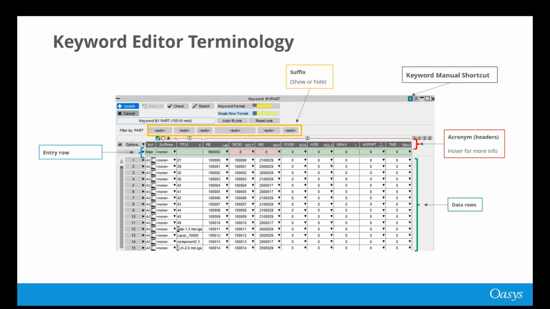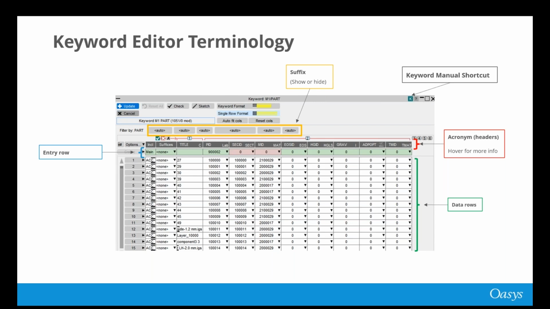Before we jump into the actual exercise, just to give everyone a little bit of understanding of the terminology of the keyword editor. What I have on screen right now is a keyword editor for parts in a model. I basically open up part and then keyword. In orange, you can see the suffix.